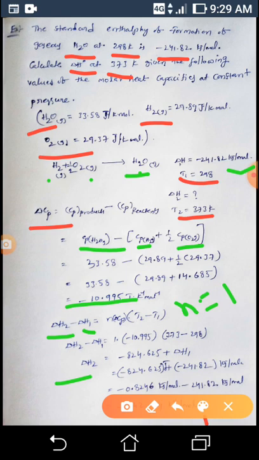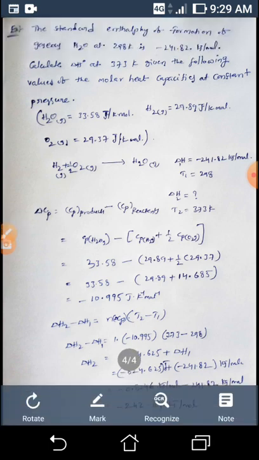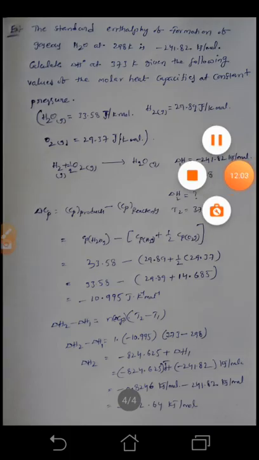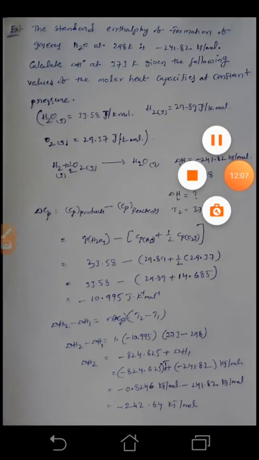Substituting the values, we finally get the enthalpy of the reaction at 373 Kelvin as minus 242.64 kilojoule per mole. This is the method for calculation of enthalpy of a reaction at different temperatures. Now the remaining problems are to be done in your worksheet.